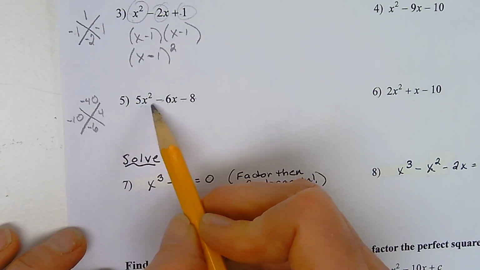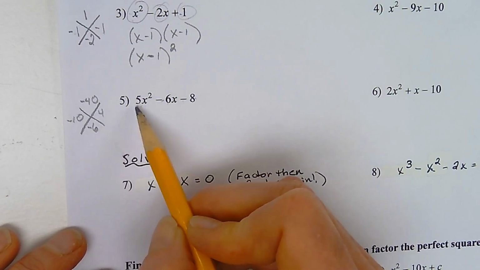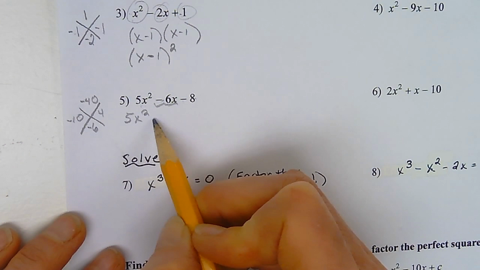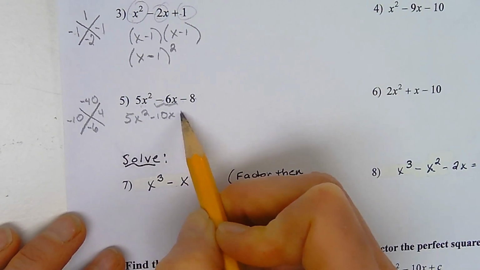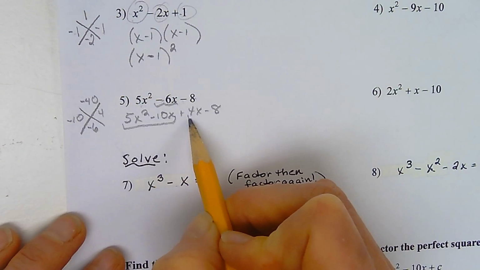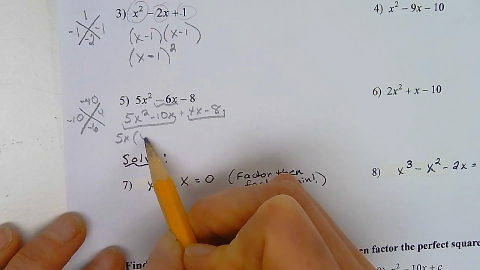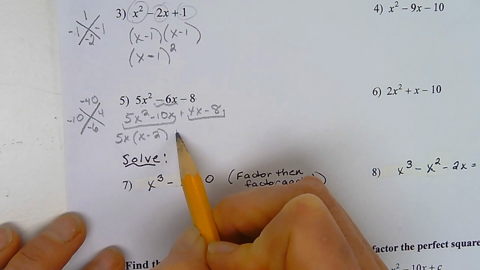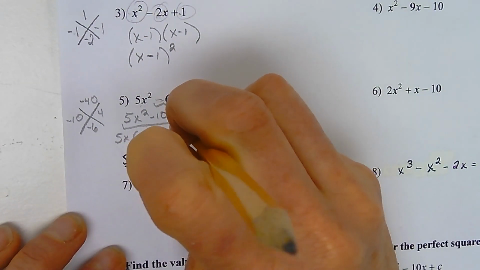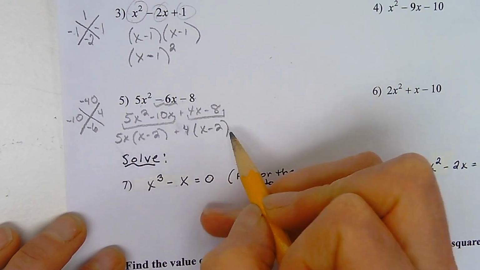Now the leading coefficient in this expression is not 1, so I will need to factor by grouping. 5x squared, and then rewrite the middle term as negative 10x plus 4x minus 8. And now I'll factor out the greatest common factor on each of these. That's 5x times x minus 2, plus, oops, I can take out a 4, plus 4 times x minus 2.